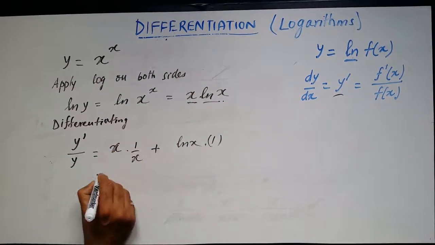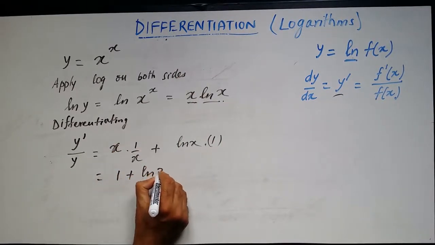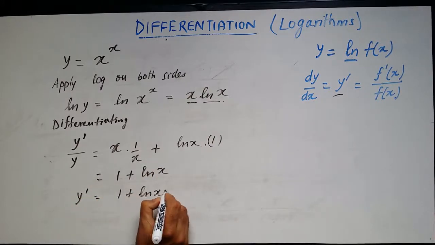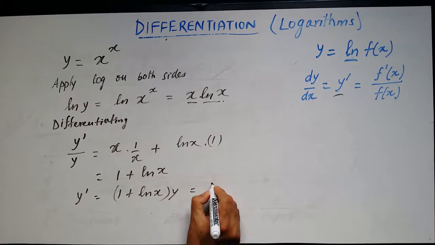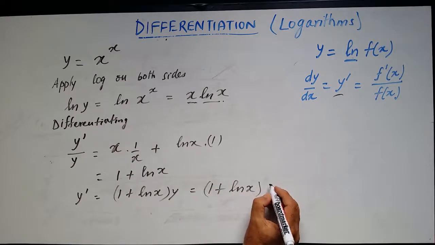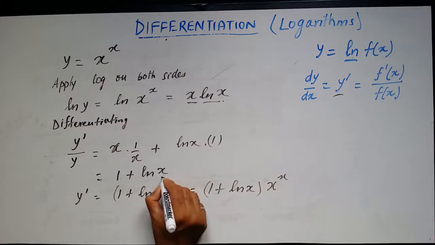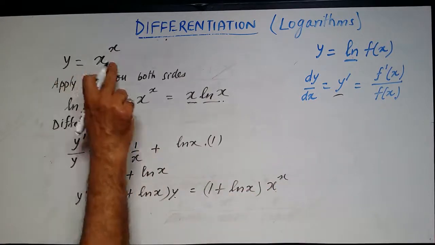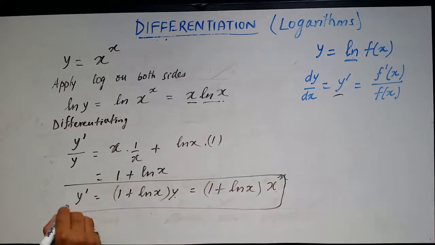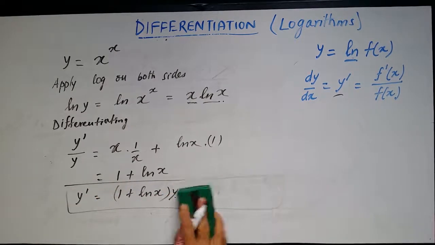So we get 1 plus ln of x. So y dash is 1 plus ln x into y, which is 1 plus ln x into x to the power x. We substitute y for x to the power x, and so we get the derivative of that function.